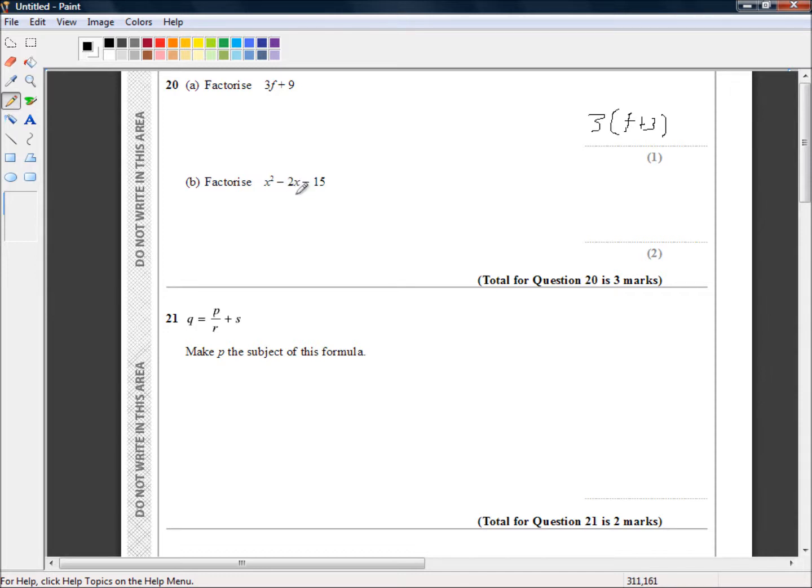So we're looking for two numbers that have a difference of 2, and 3 and 5 have a difference of 2. We're also looking for the larger number to be negative because we've got to end up with a negative when we add them together. So our answer is x minus 5 into x plus 3.